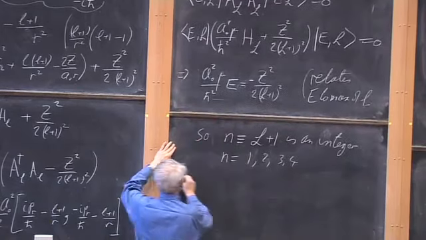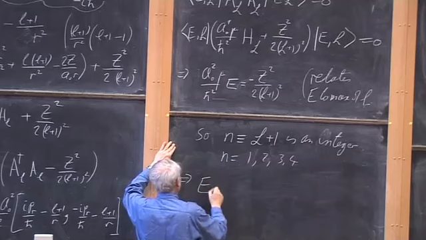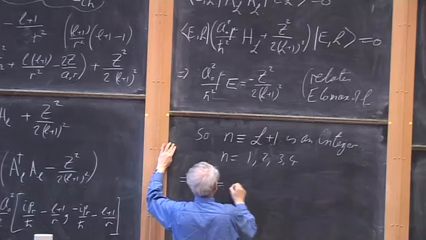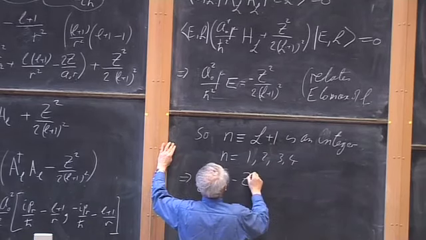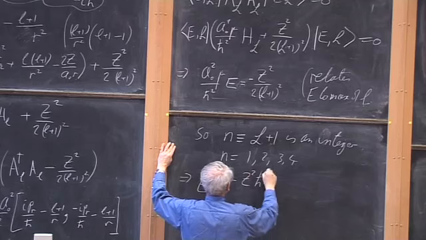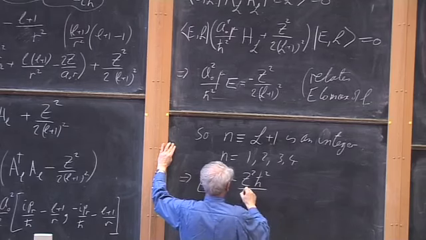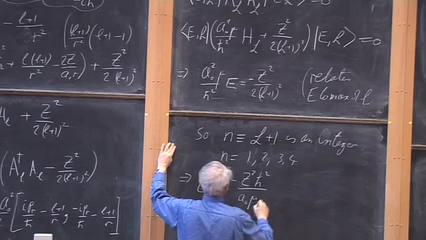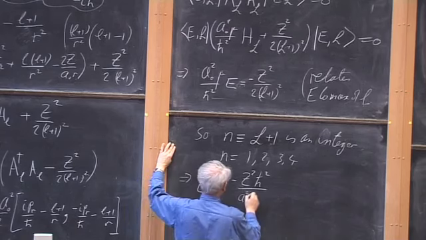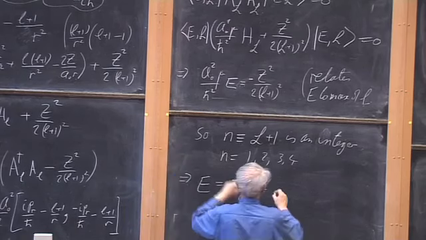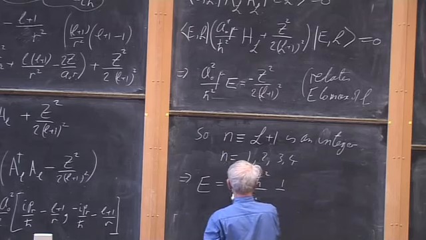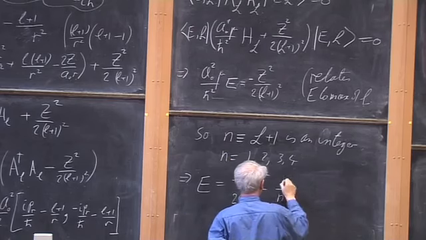So we have shown that E, the energy, has to be of the form minus Z squared H bar squared over A naught squared mu. Have I done that right? We need a 2 here: 1 over 2, 1 over n squared.